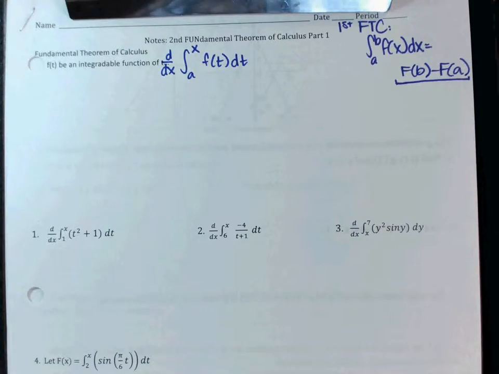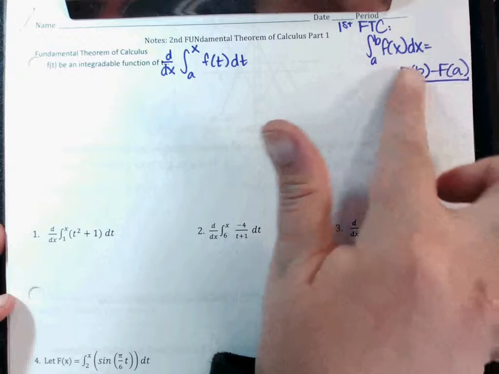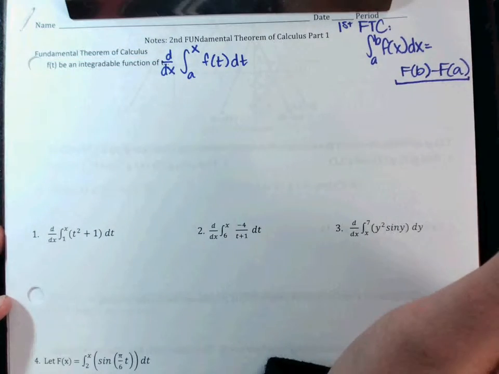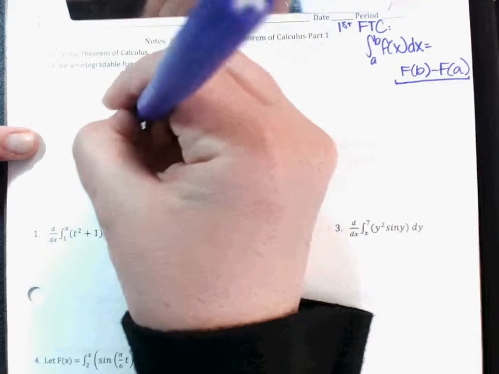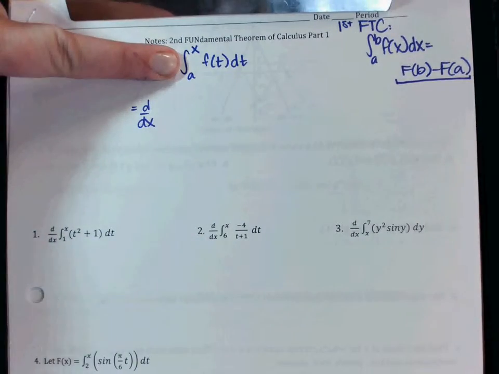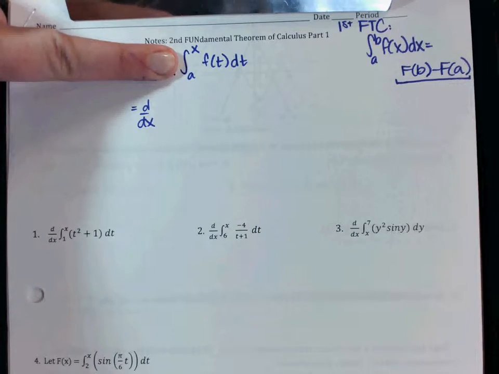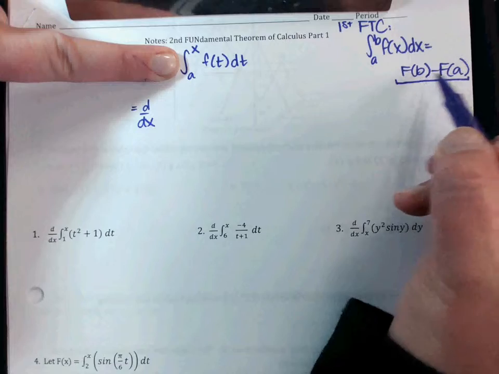So this is the first fundamental theorem. You remember this? Capital F is the antiderivative of little f. Do you remember this? Yes? Okay, so here's how you take the derivative of an integral. Okay, pretend like the derivative isn't there. And let's just work out this part using the fundamental theorem. So the antiderivative is going to be capital F of b minus capital F of a, right?